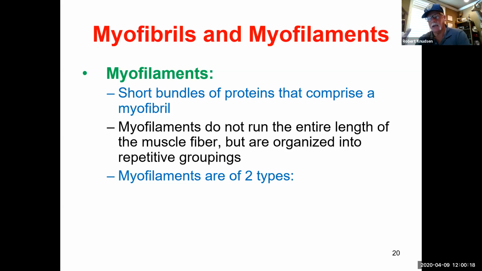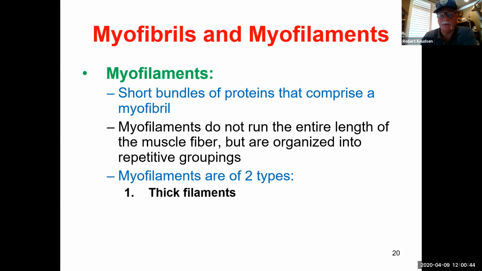You have a Z line, or Z disc, on one side and a Z on the other side, and the Z's are attached to actin. So when actin is pulled by myosin, it brings the walls closer together, which are our Z lines.